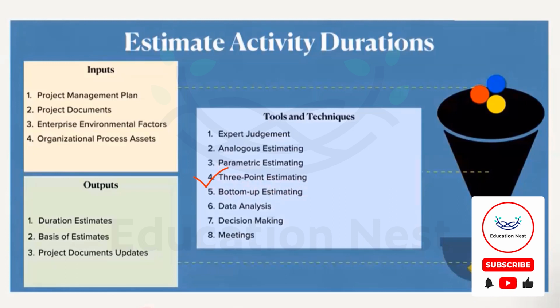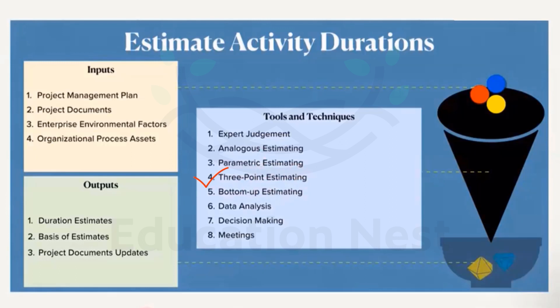What is this? 3-point estimation is nothing but, we have done analogous estimating and parametric estimating based on previous experience, right? So in 3-point estimation, again, let me make use of the pen. So this is 3-point estimation. The name is called TE, and this is nothing but an average of TO, TM and TP.